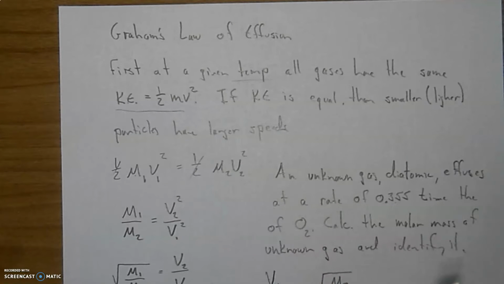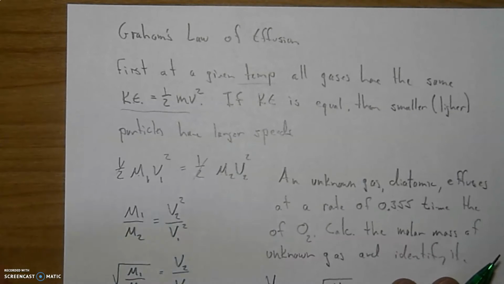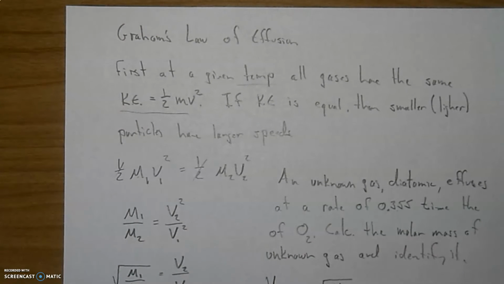You can probably think about that in regards to football players. Wide receivers are really fast, but they don't have a lot of mass, whereas linemen are really heavy, and they typically move more slowly. However you want to think about it, that works for me. Okay, that is the end of the lectures.